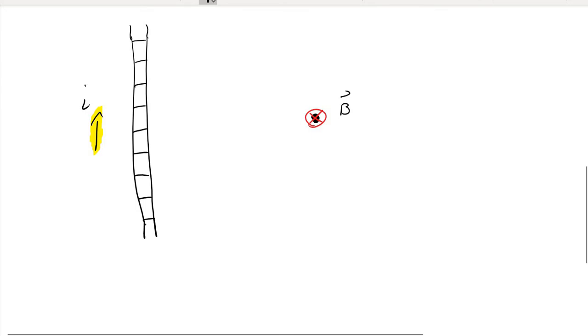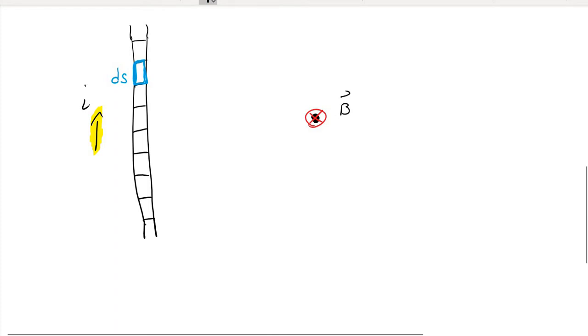Well, now we're going to break this up into infinitesimal segments of wire, each one of them carrying current I. So every one of these segments of wire, I'm going to just pick one. I'll pick this segment of wire right here. This segment of the wire is carrying current I, but it's only a certain length, which I will call ds.